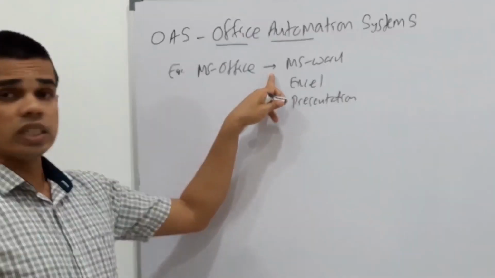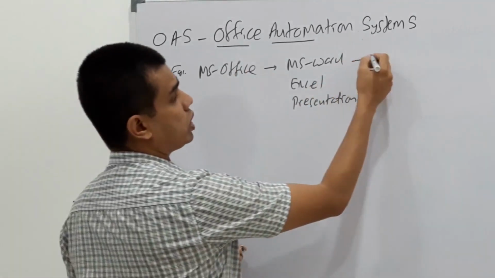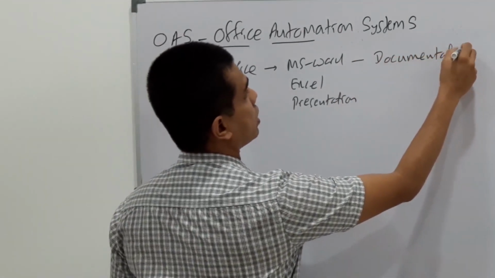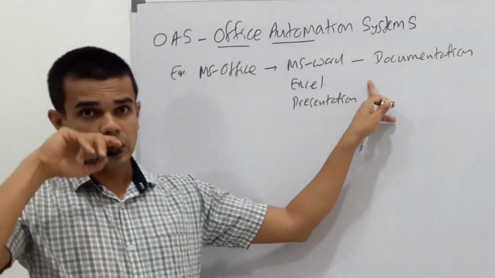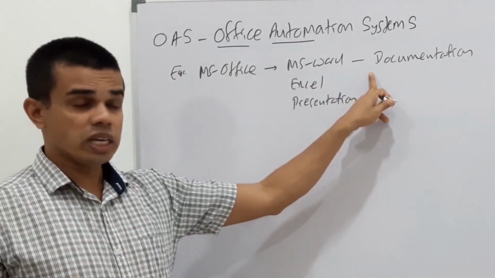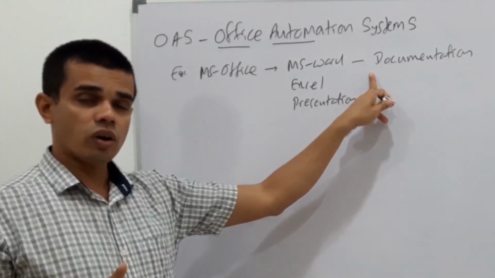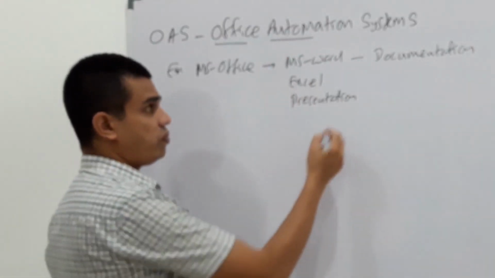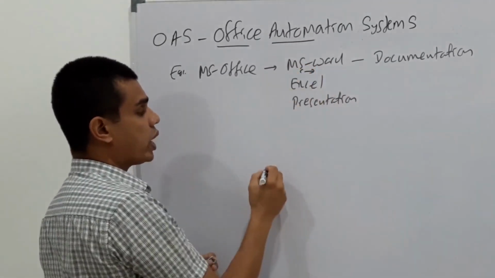When it comes to Word, won't it support preparing documentation? Yes, it supports documentation. Then, does this make the work of the employee easier? Yes. Why? If Word is not there, how can the employee prepare their documents?